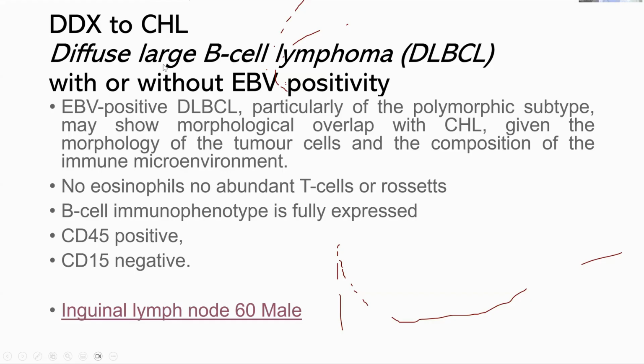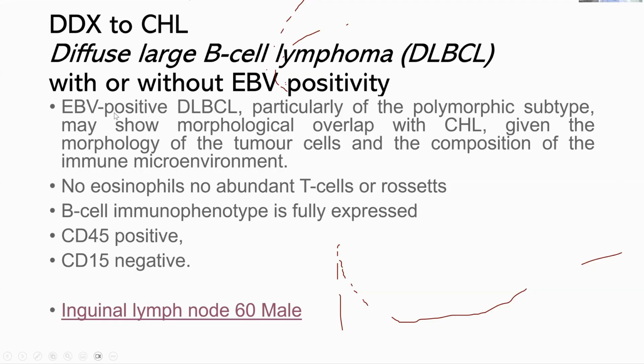All right. The other differential diagnosis for classic Hodgkin lymphoma, technically a common entity, is diffuse large B-cell lymphoma with or without EBV positivity. And particularly, I will mention that if the diffuse large B-cell lymphoma has a pleomorphic or anaplastic variant, with a lot of large cells, they will resemble RS cells.